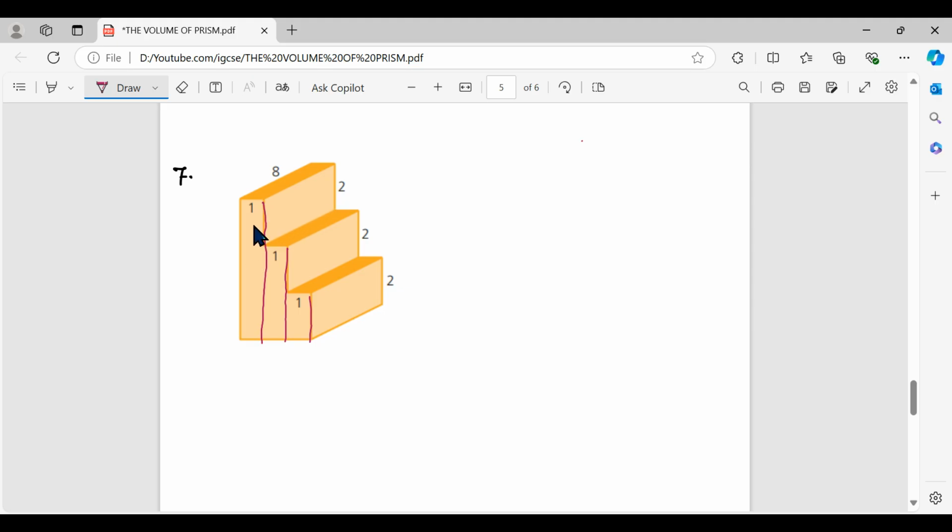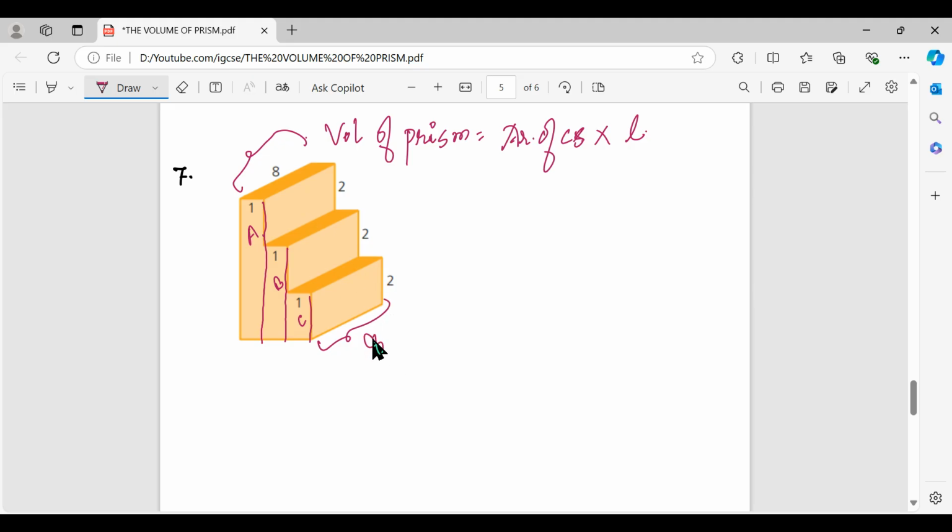Let me mark these as A, B, C. So you know volume of prism is area of cross section times length. This length is nothing but this here. These are the same. So let's say this is 8 centimeters.